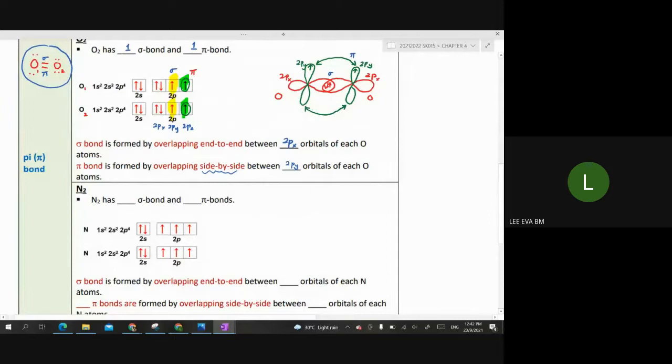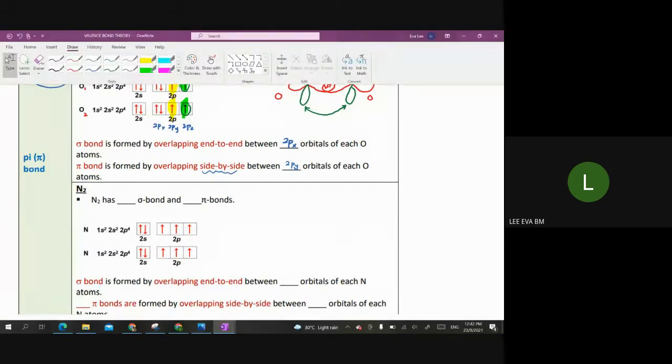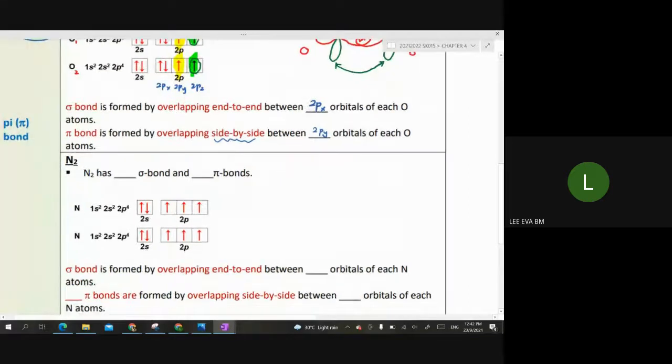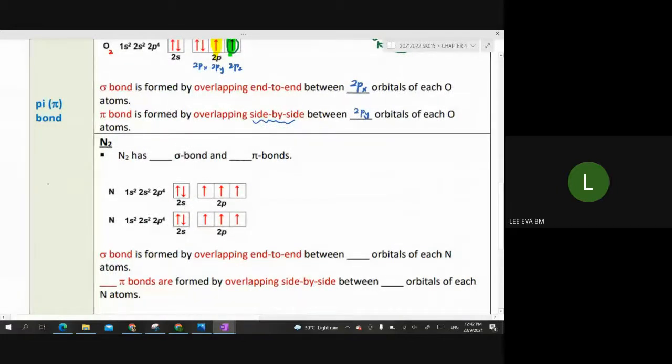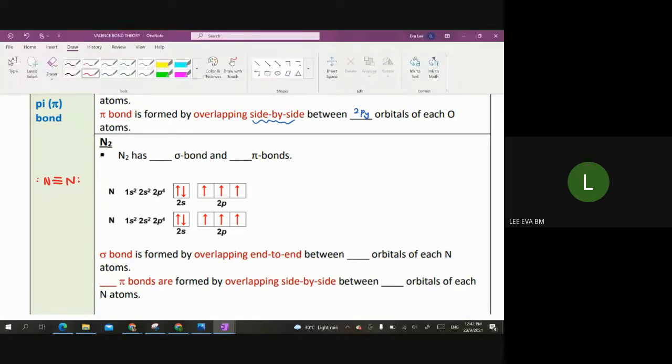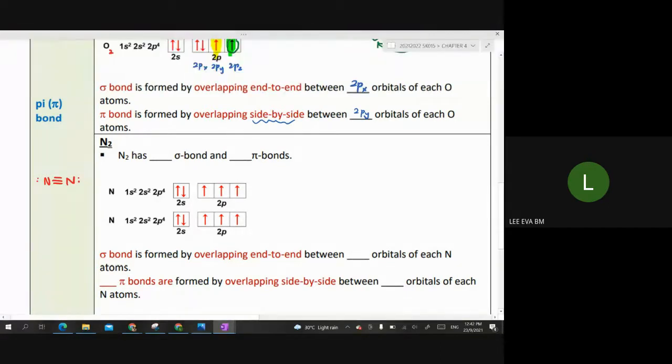Kita tengok pada N2. N2 lagi complicated. Siapa ingat structure untuk N2? Lewis structure N2. Tak ada orang ingat. Structure N2 ada triple bond. Nah, practice balik awak punya Lewis structure starting from total valence electron.